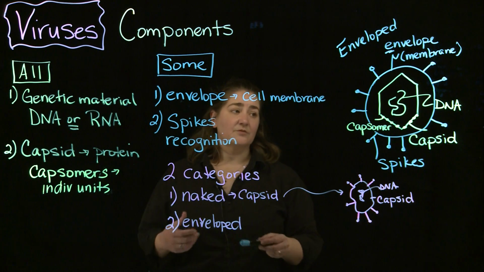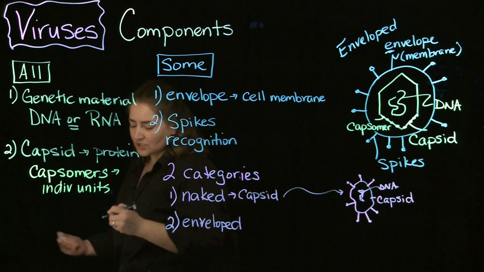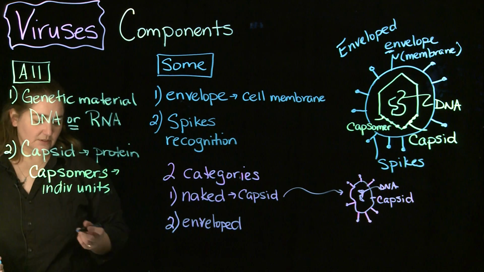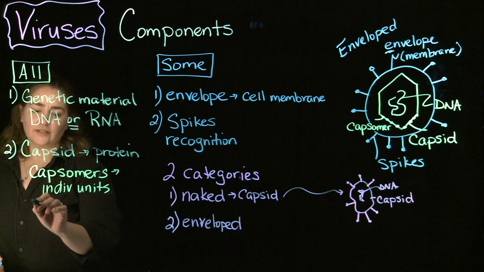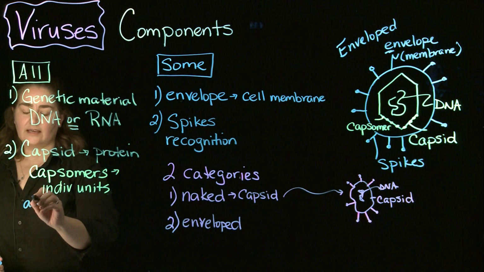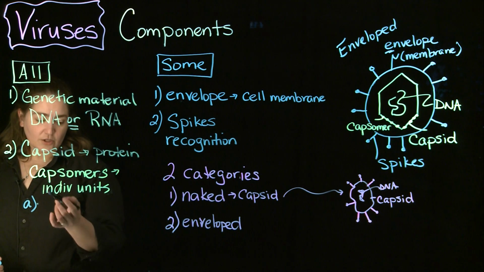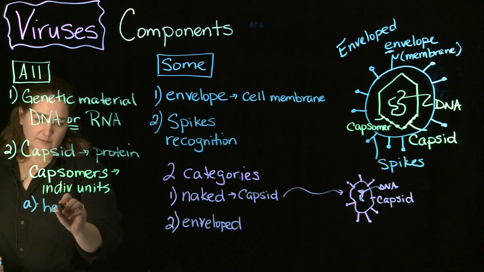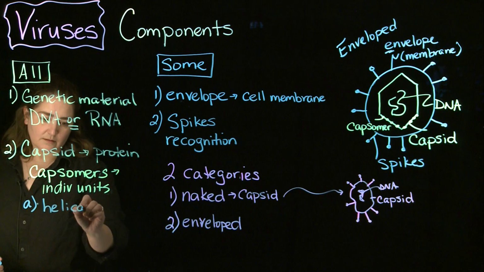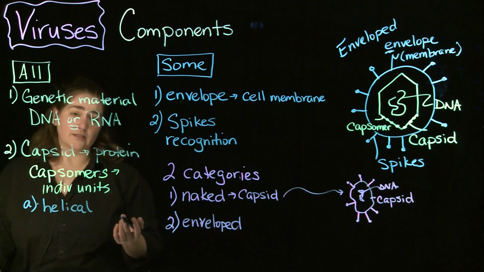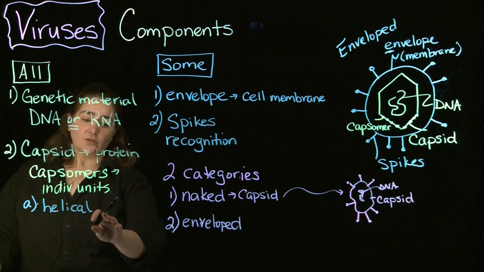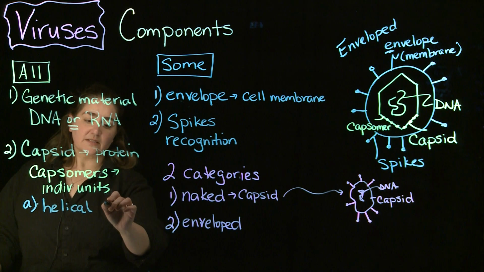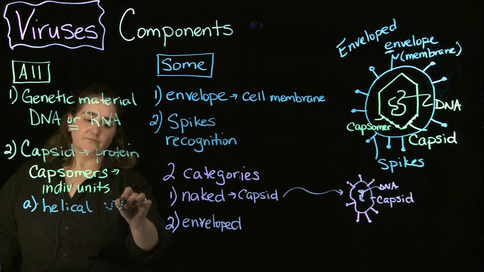In terms of those capsids, just to go a little bit further on those, I'll do this as an A and a B. You've got two types of capsids that are present in viruses. You've got a helical capsid, which I'll draw as dots here.